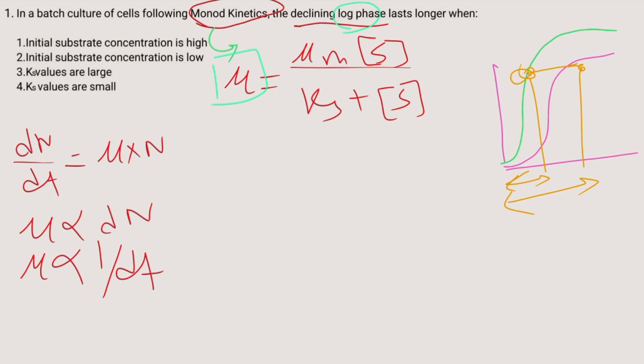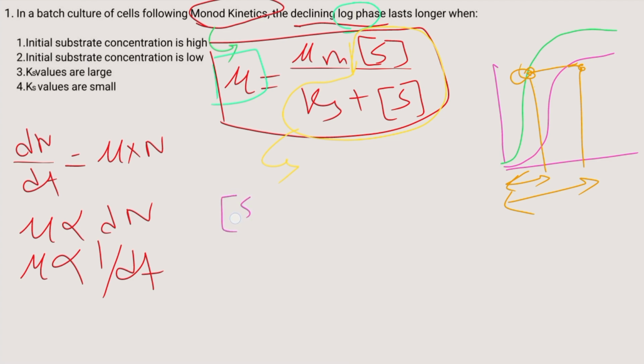If theoretically from this equation we think the mu will reach the mu max, that means the rest of the equation should be 1, and thus it comes, right? S should be equal to Ks plus S. That means when the mu reaches the value mu max, beyond that it is not possible.